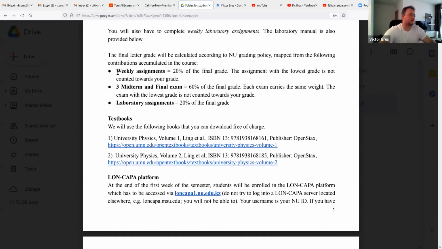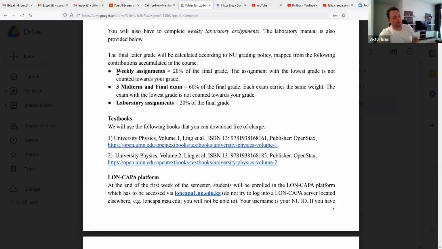Any possible reasons can happen. In order to automatically take these circumstances into account, the lowest grade of all your weekly assignments will not be counted towards the final grade.